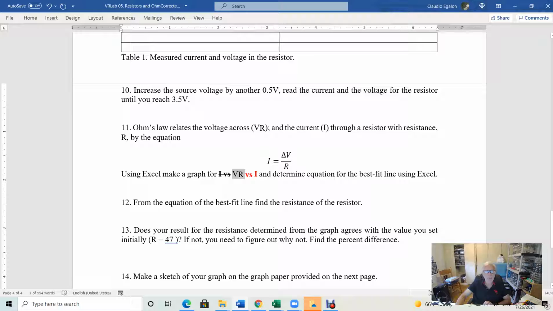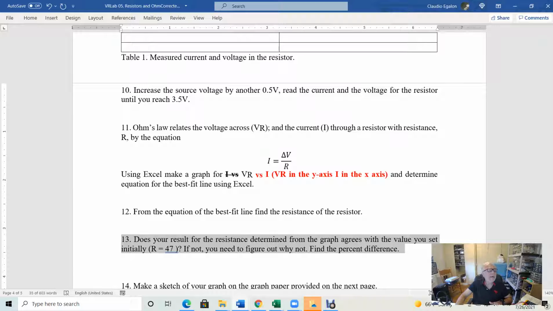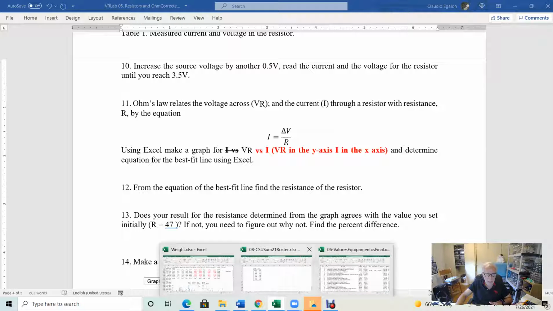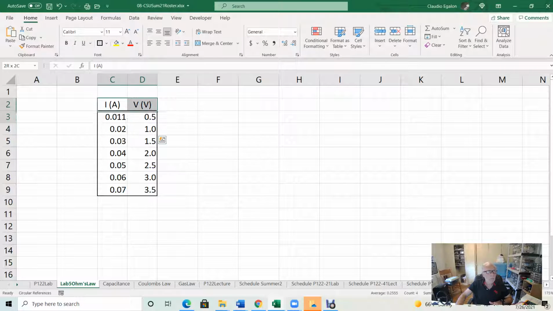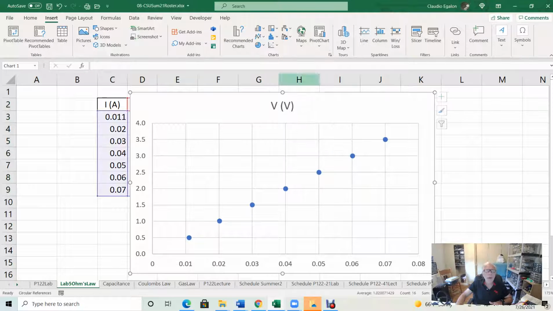VR in the y-axis, and I in the x-axis. Here you go. Let's plot it now. Insert chart, graph, straight line.